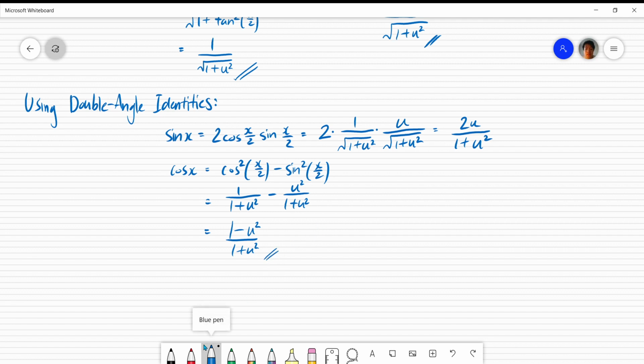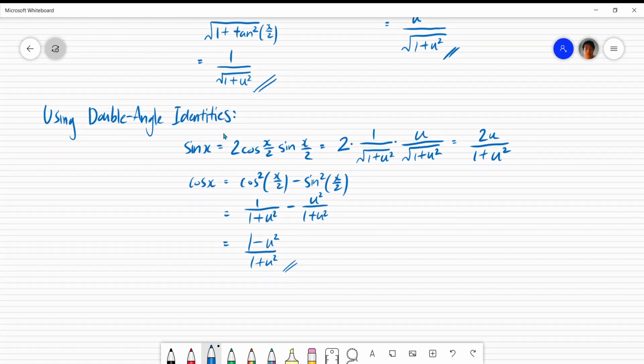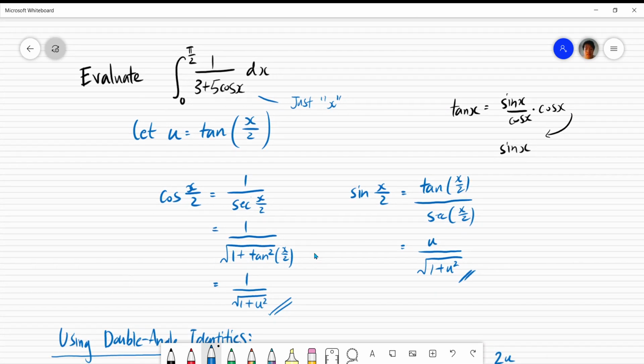Okay, so what now? Well, the thing we introduced in the beginning, this u equals tangent of x over 2, technically still counts as a substitution.